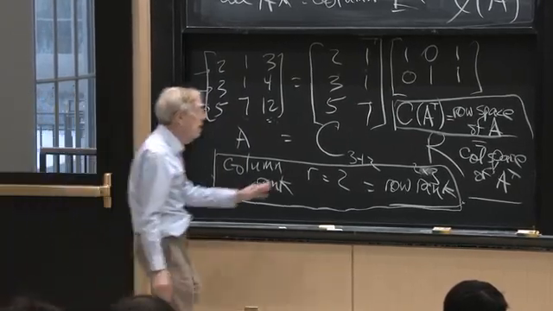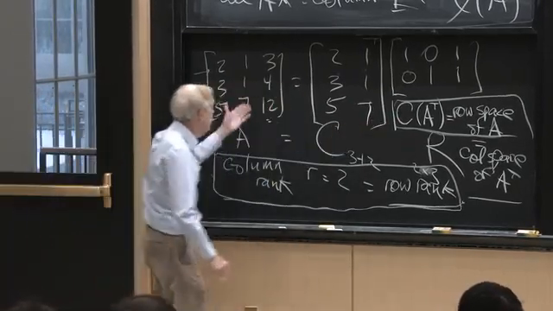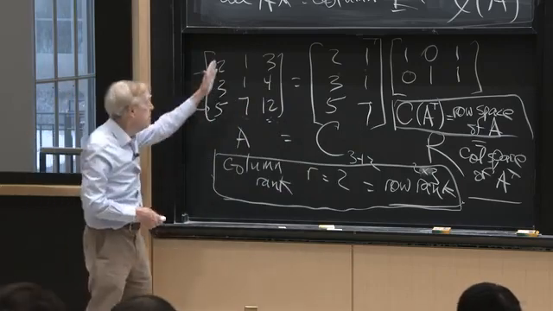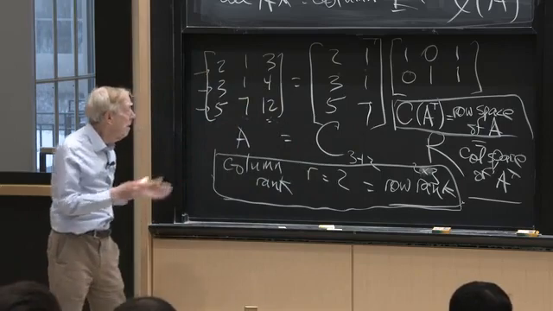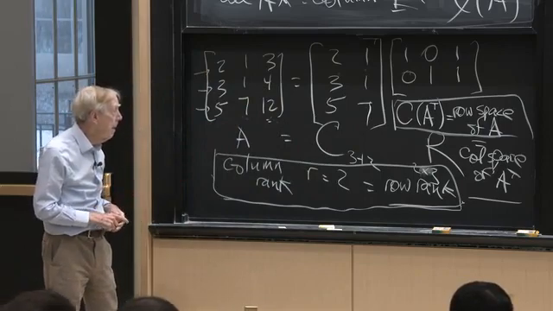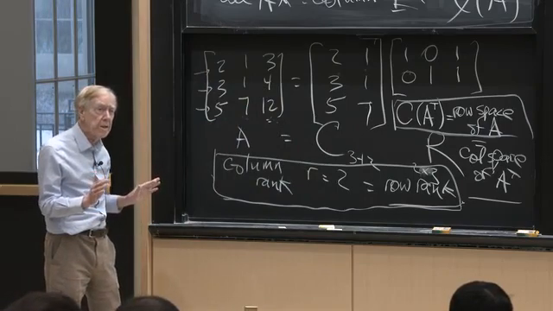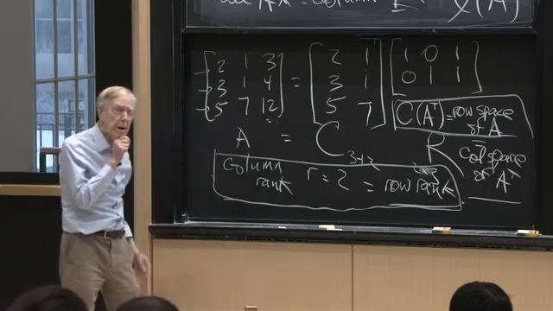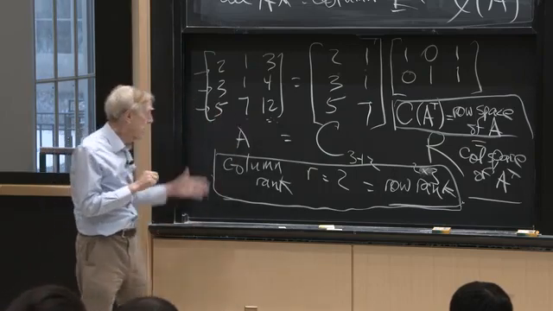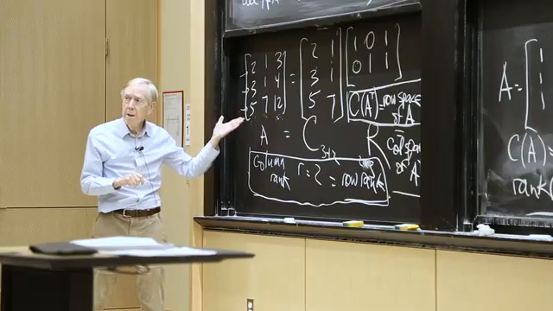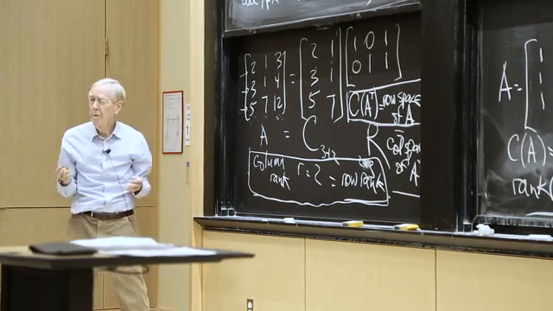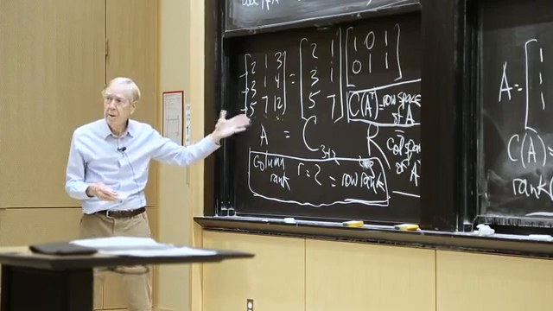So is that okay? The row space is the combination of these rows, but I'll make them stand up, 2, 1, 3, to be column vectors. So it's a totally different space. And actually, I happen to take a 3 by 3 example so that the column space is part of R3, and the row space is also part of R3 because my matrix is 3 by 3.